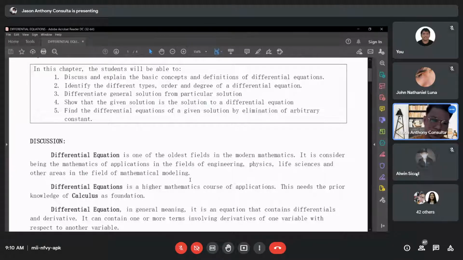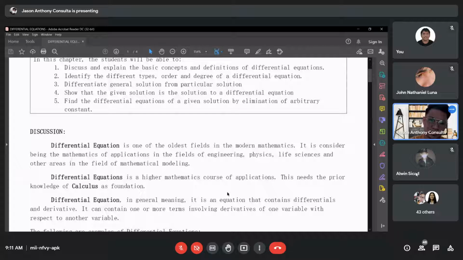Being the mathematics of application in the fields of engineering, physics, life sciences, and other areas in the field of mathematical modeling. DE is higher math. So, nag-start pala kayo higher math na since iba na yung curriculum ninyo, kasi before, nag-start pa kami ng algebra and mag-higher math pag second year. Okay?